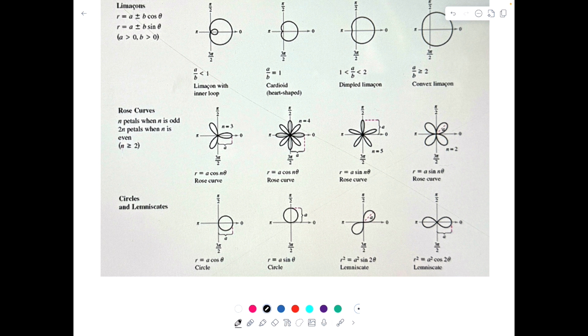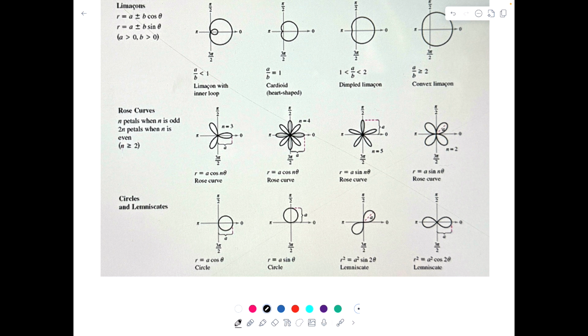Now, these infinity graphs are really groovy. They're when you have a double angle, right? And then you have r squared. So you have r squared equals a squared sine 2 theta. It's called a lemniscate, I'm sorry, I don't know.